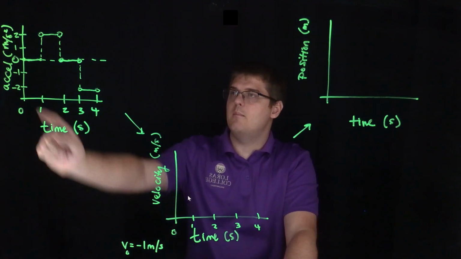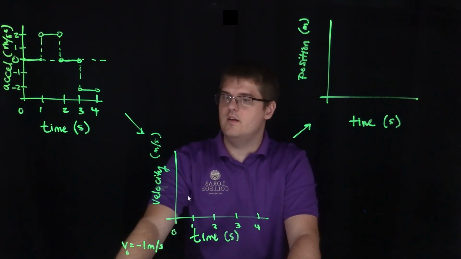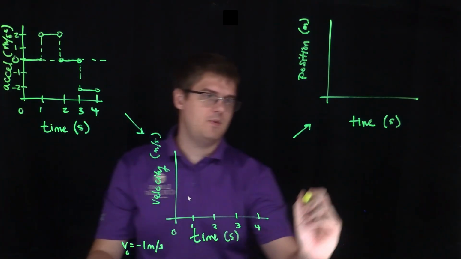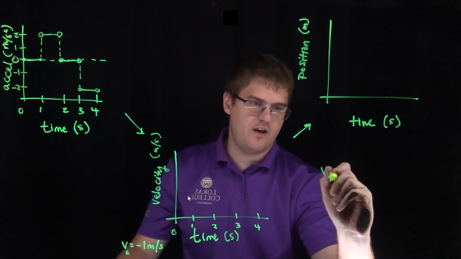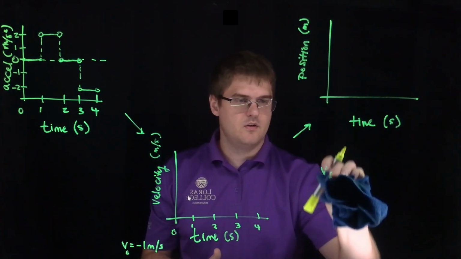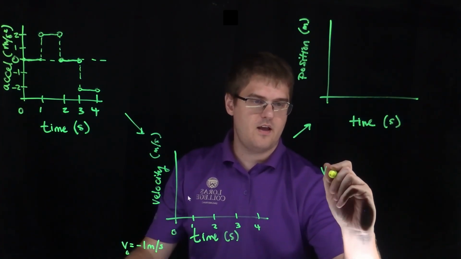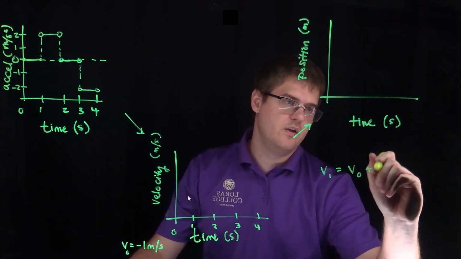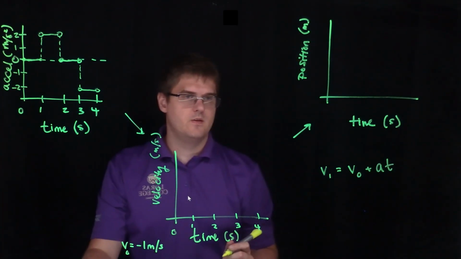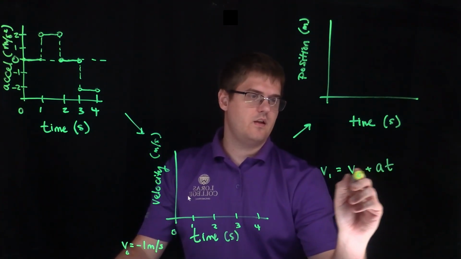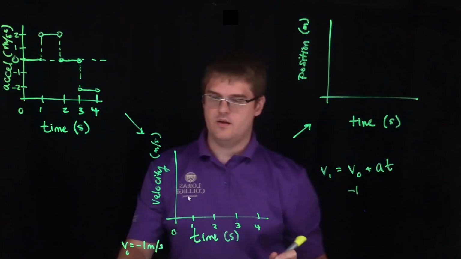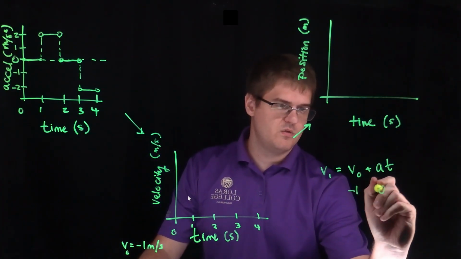So that means that my velocity at time 1 is still going to be that, because velocity at 1 is going to be equal to velocity at 0 plus acceleration times time. Velocity at 0 is -1. Acceleration is 0.